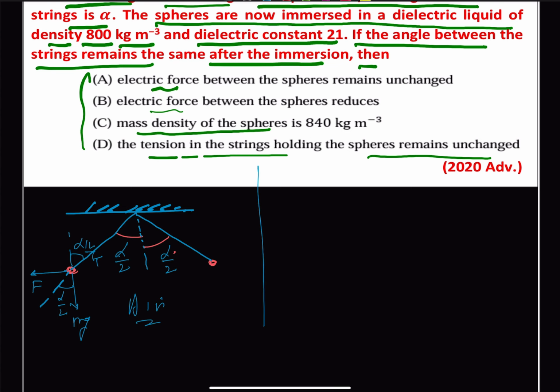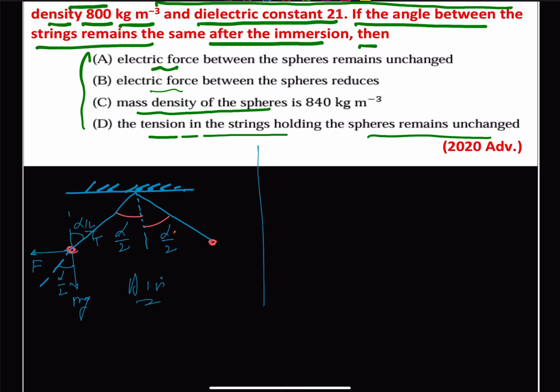The second case, it is immersed in the liquid. And it says that the angle has to be same. So the angle will be alpha by 2 and alpha by 2. And these are two forces. Let us suppose tension is T1 here, and tension will be T2 here.